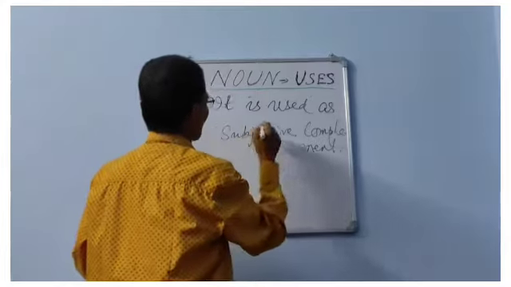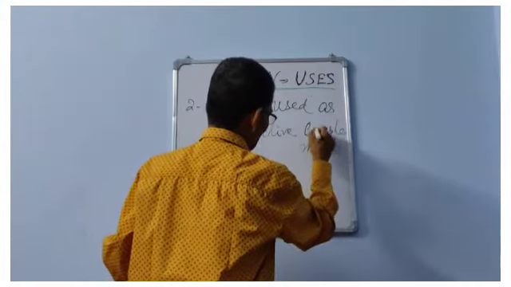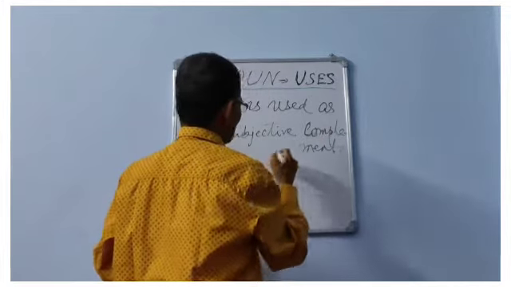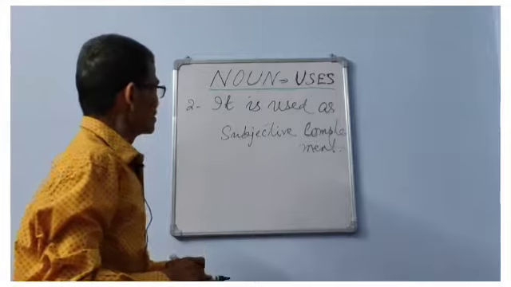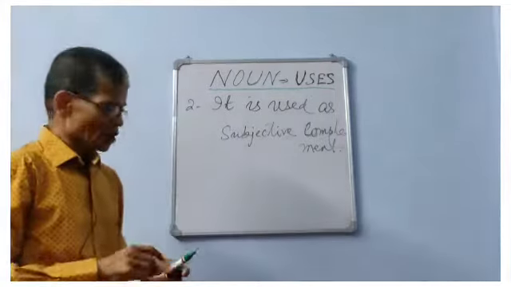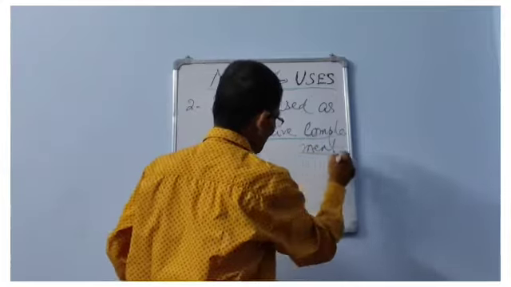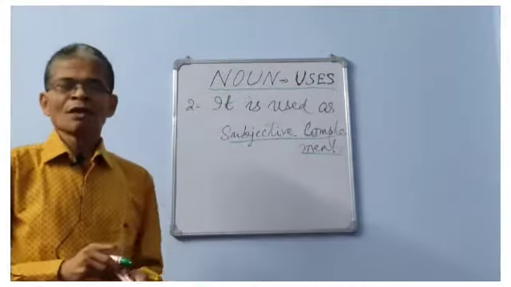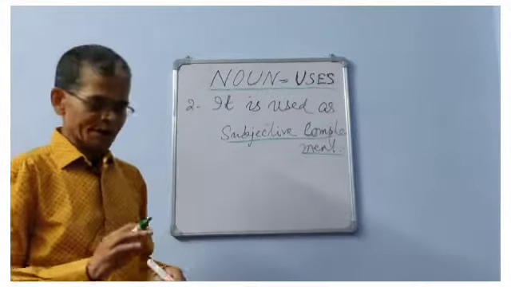Okay, now used as subjective complement. And what is subjective complement? Subjective complement means which completes the running sentence after the link verbs or after the verbs of state.